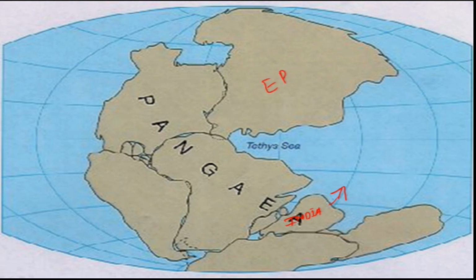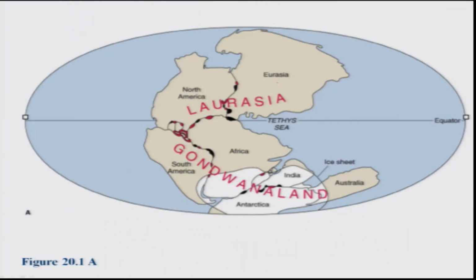The continents on the northern side of the equator were termed Laurasia, and the continents on the southern side were termed Gondwanaland. India lay very much south of the equator, but now it has traveled many kilometers to reach its present position.